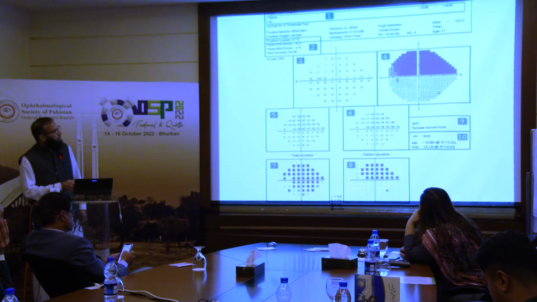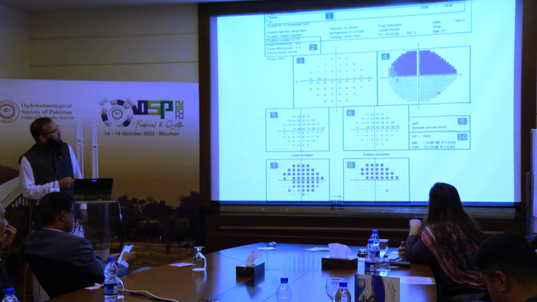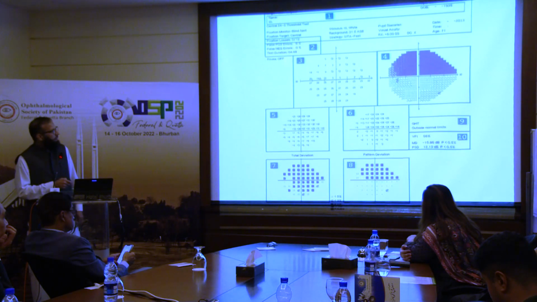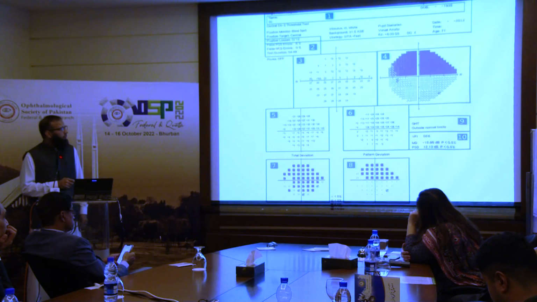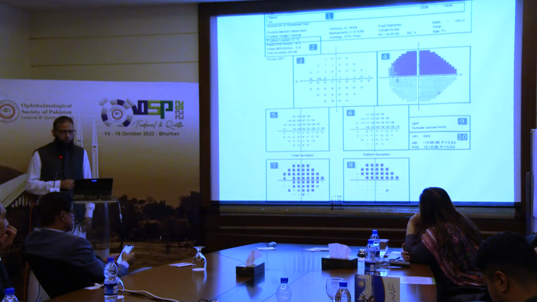Then other parameters are entered in the test, like the refractive error, visual acuity, and the strategies used for the test. The number 2 part of the test is about the reliability indices. There are 3 types of reliability indices: fixation losses, false negatives, and false positives.